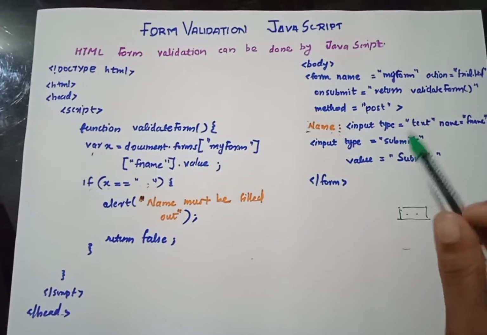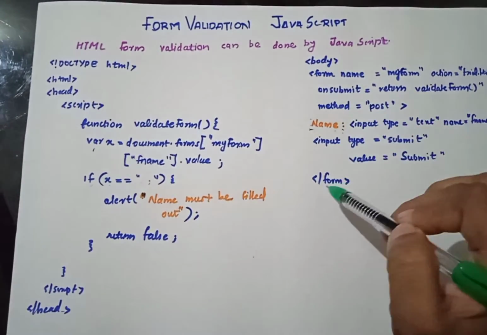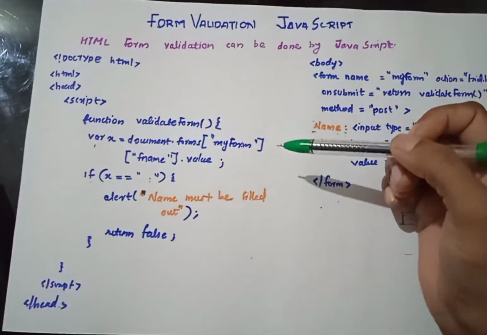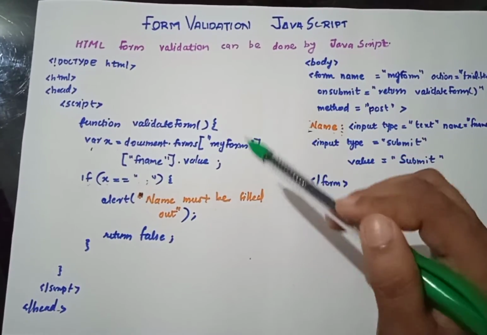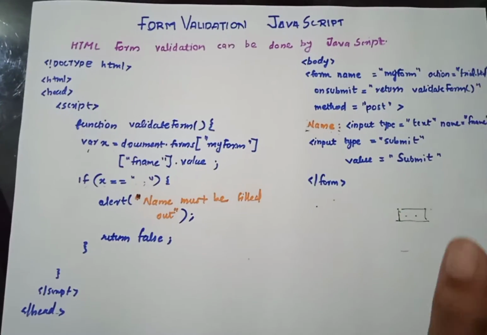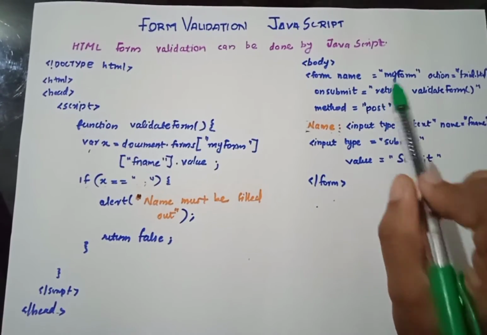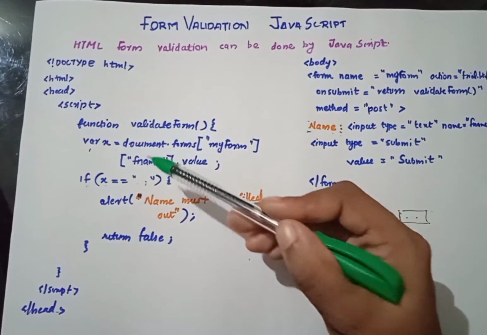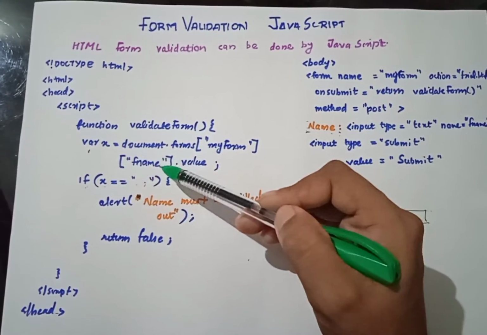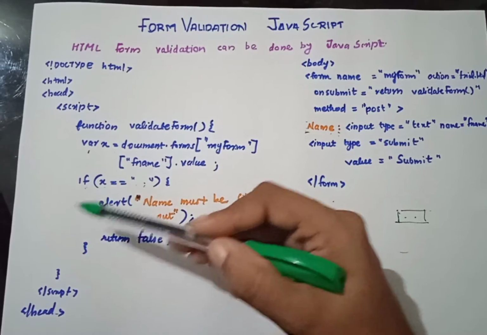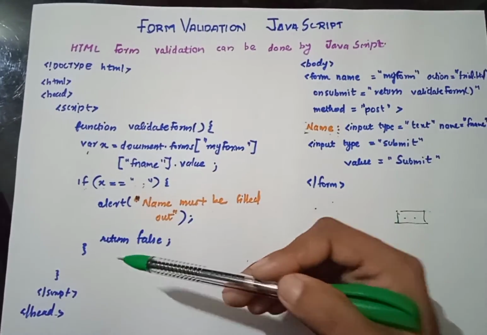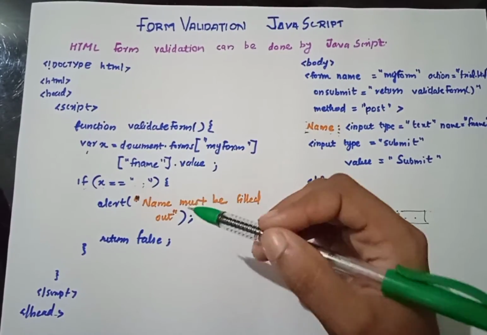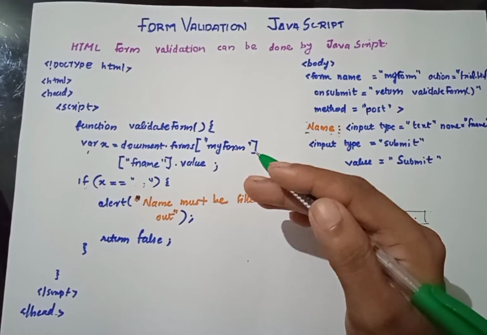Okay. So thus we finished our form and also the HTML. Here we find the difference: when you have to validate each of the elements inside your form, you have to get each element into some variable and then check whether they are null or not, or whether they satisfy the input correctly.